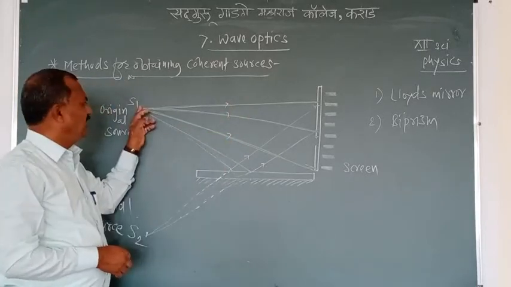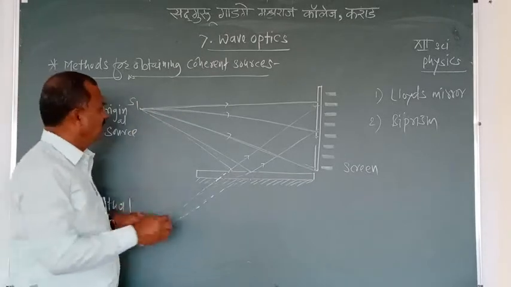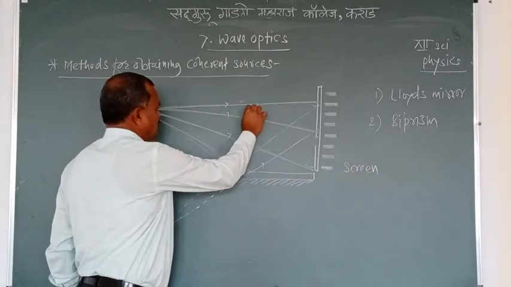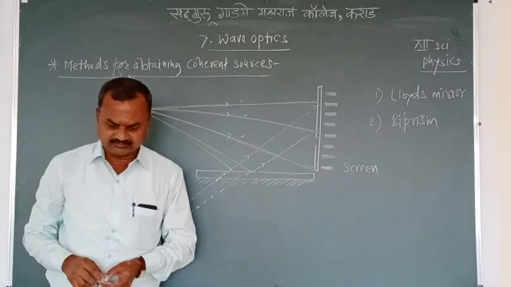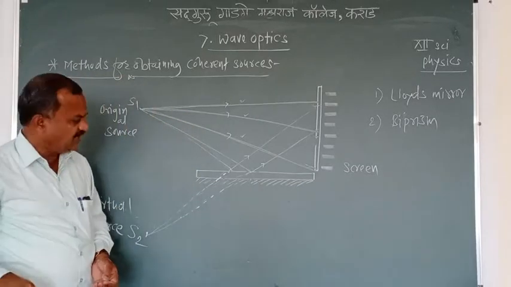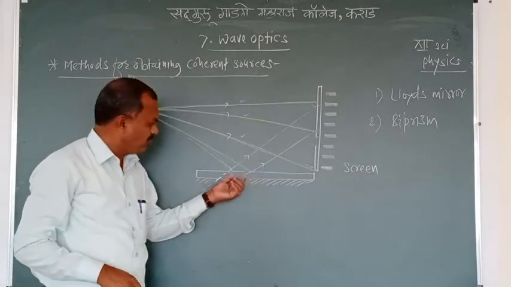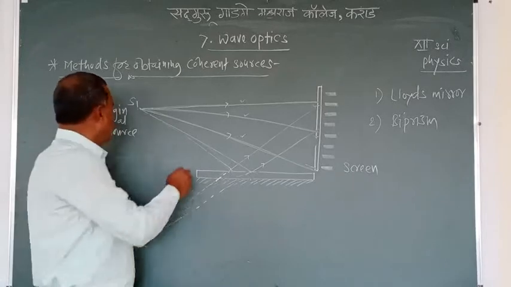Some part of that light is incident directly on the screen, shown by these blue lines. These blue lines show light emitted from the source incident directly on the screen. But some part of that light is incident after reflection from the plane mirror, shown by the red lines.